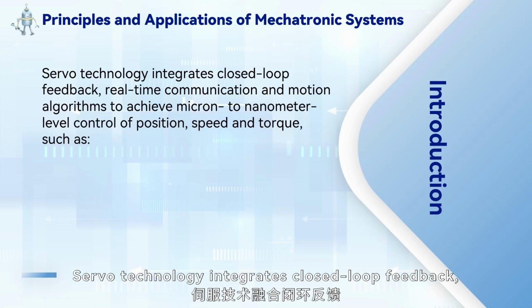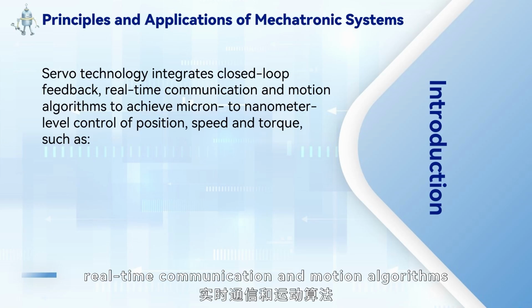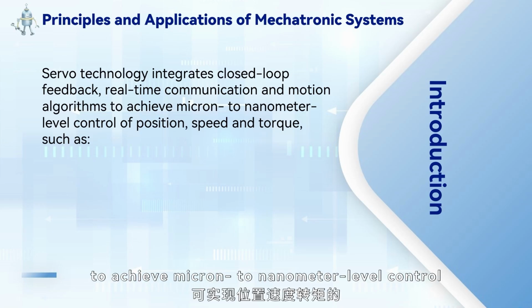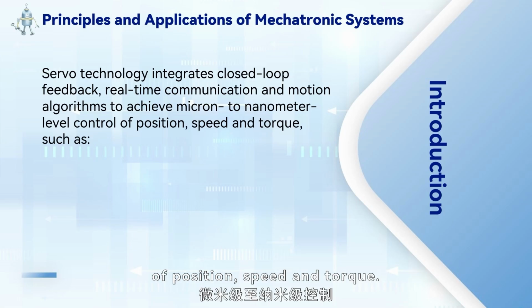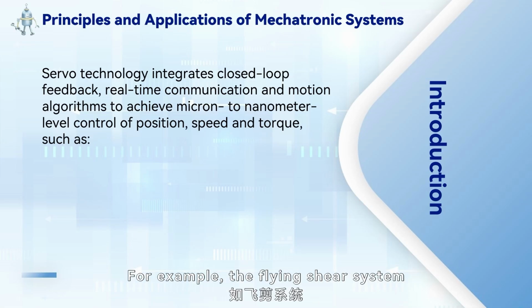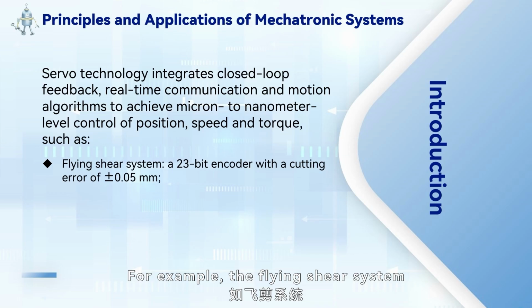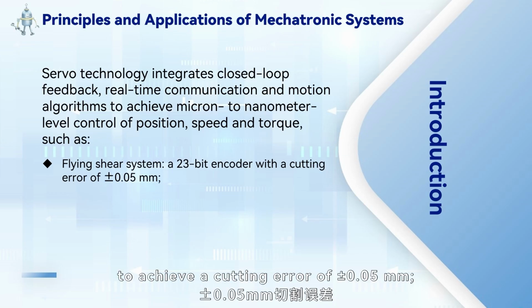Servo technology integrates closed-loop feedback, real-time communication, and motion algorithms to achieve micron to nanometer level control of position, speed, and torque. For example, the fly shear system uses a 23-bit encoder to achieve a cutting error of plus or minus 0.05 millimeters.